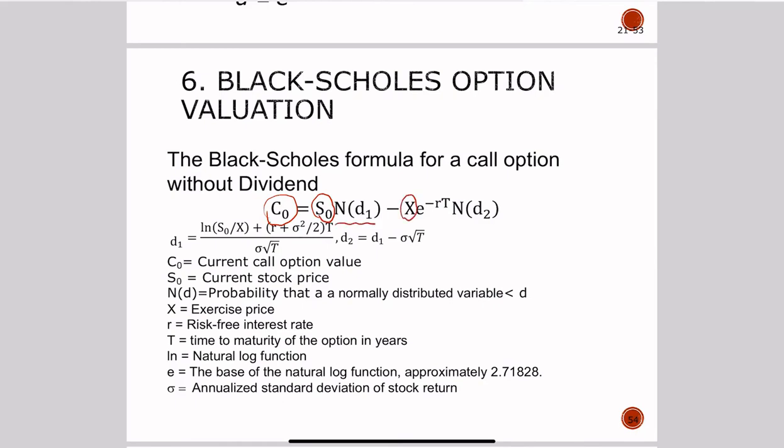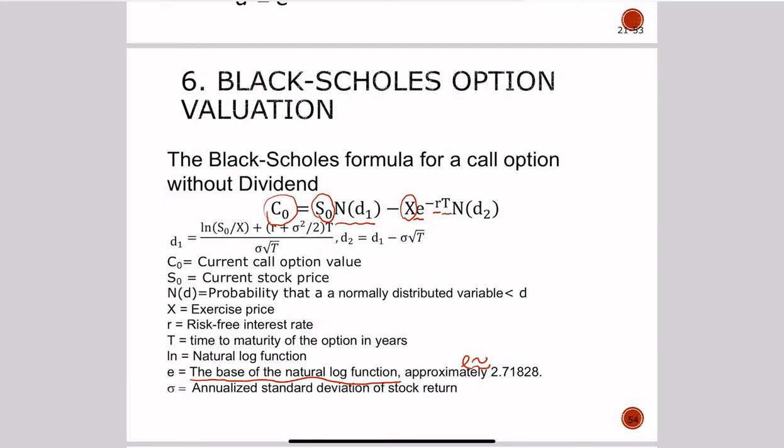X is the exercise price or strike price. e is the mathematical constant, the base of the natural log function, and e approximately equals 2.72. r here is the risk-free interest rate.